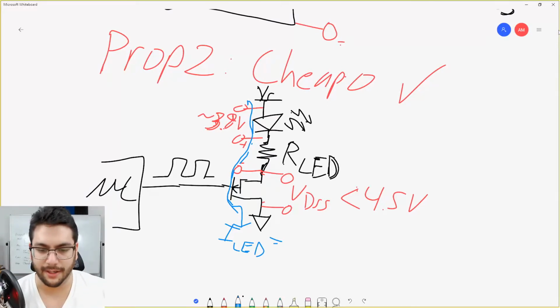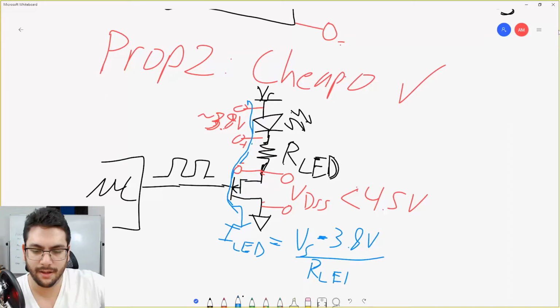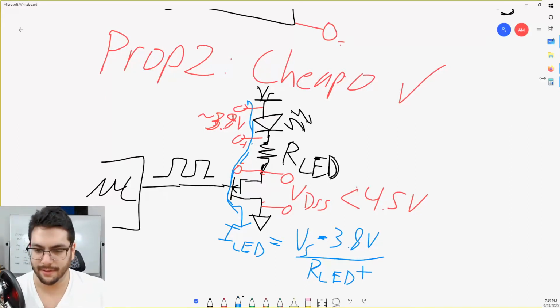So ILED equals VS minus 3.8. That's the max, this is one case. Divided by R LED plus RDS on.